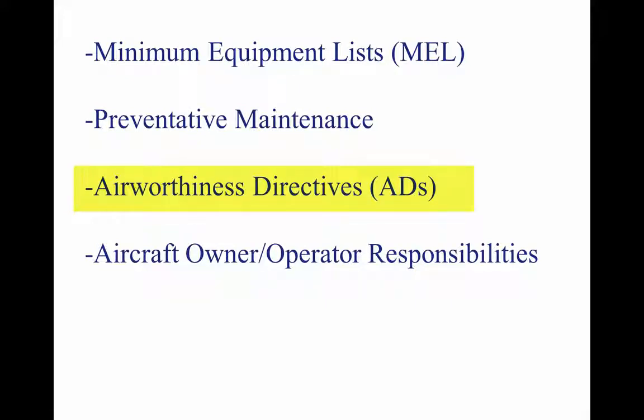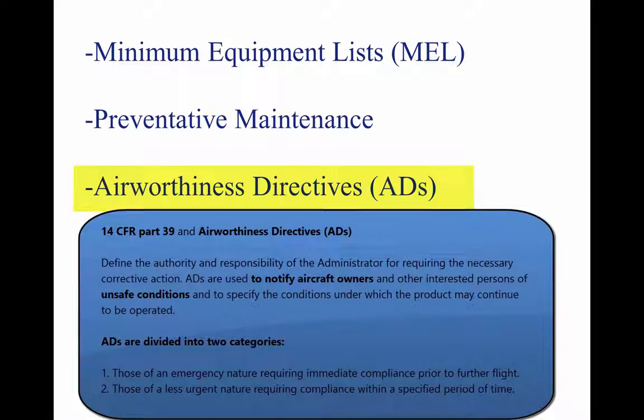The unsafe condition may exist because of a design defect, maintenance, or other causes. 14 CFR Part 39 and Airworthiness Directives, ADs, define the authority and responsibility of the administrator for requiring the necessary corrective action. ADs are used to notify aircraft owners and other interested persons of unsafe conditions and to specify the conditions under which the product may continue to be operated.